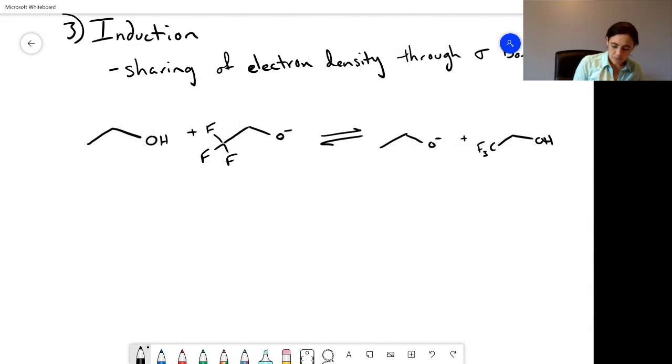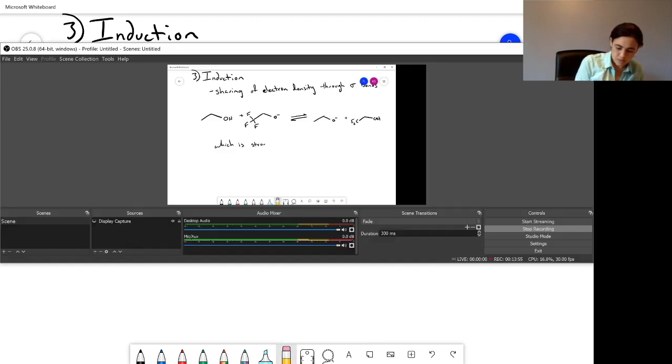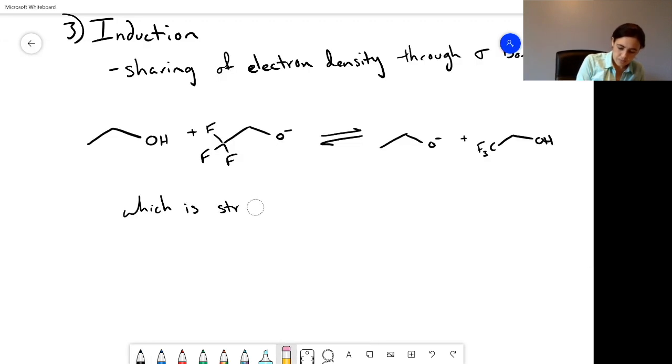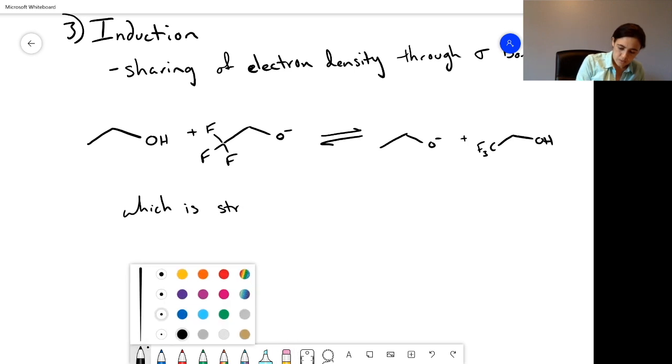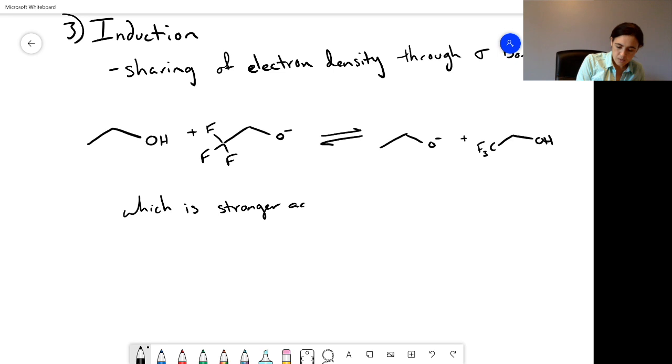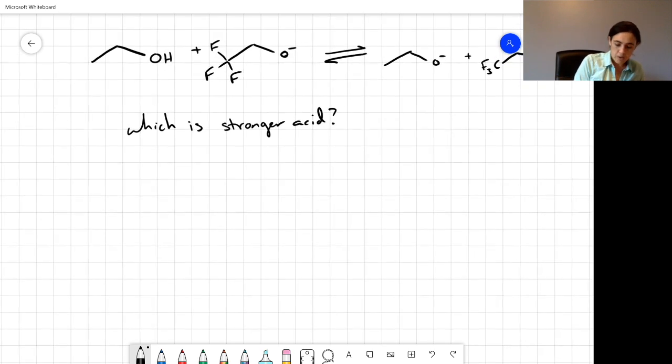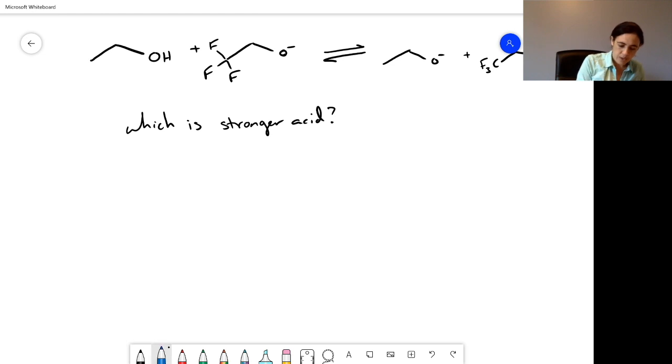Right? So first we start by looking at our acids. So in this case, we're going to identify our alcohols as our acids.